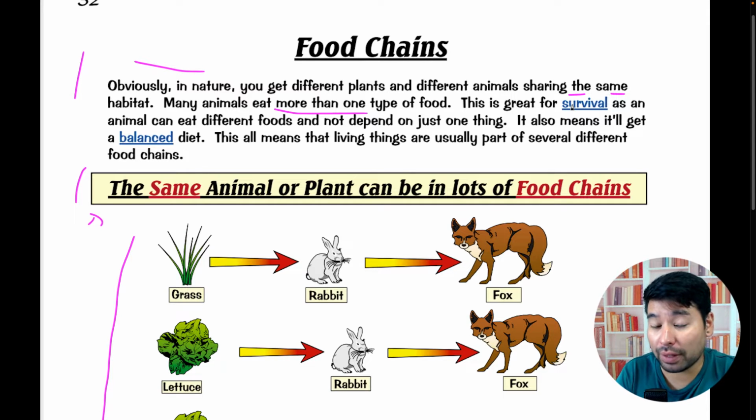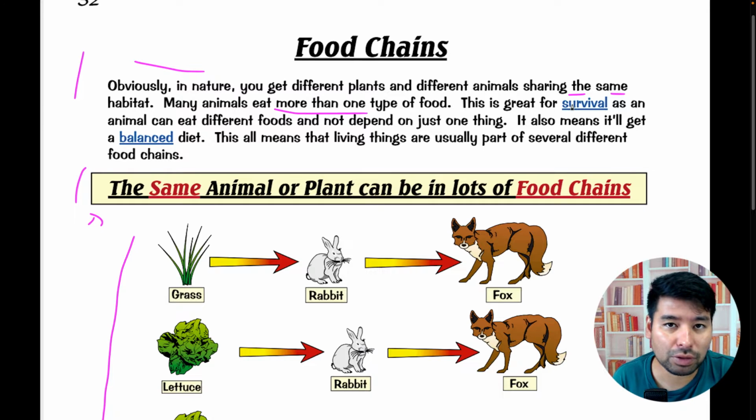It also means, isso também significa, it will get a balanced diet. Essa é para vocês, o que é isso? This all means, isso tudo significa que, esse that aqui é o que, de conjunção, né? Living things não é coisas vivas, né? Exatamente, é coisas vivas. A tradução, mas living things significa seres vivos, tá bom?